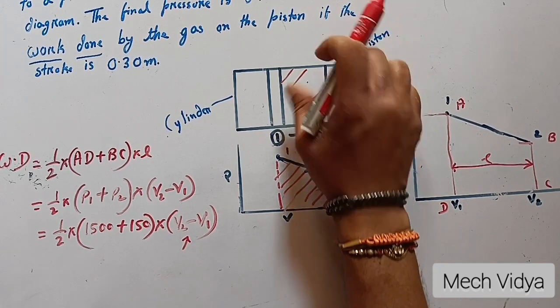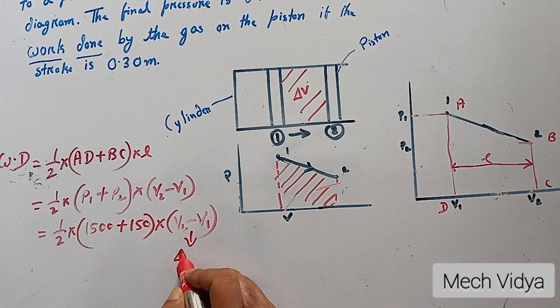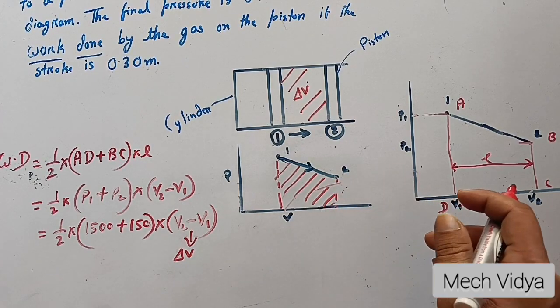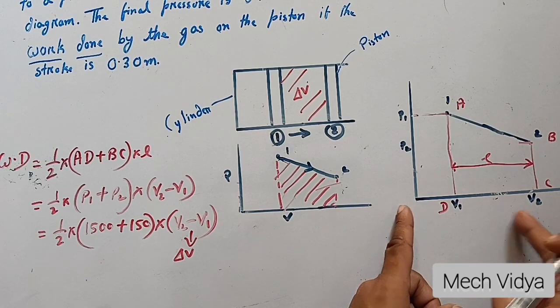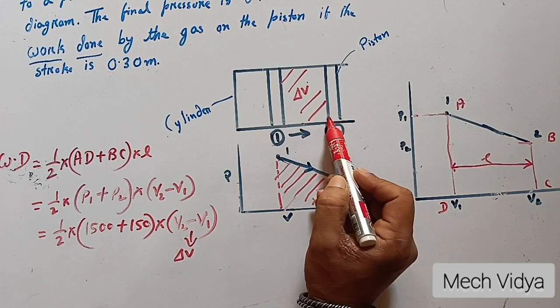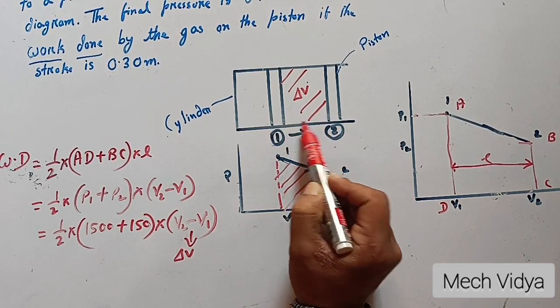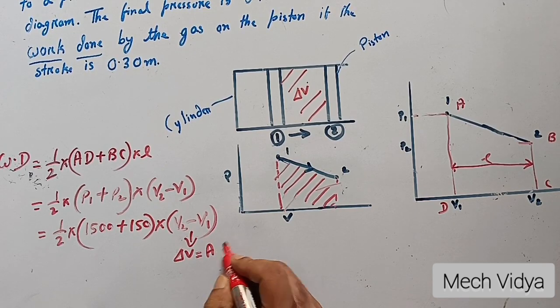That is how much the piston has actually traveled during expansion from state 1 to state 2, what volume the piston has traveled. From the PV diagram, if I show you the same thing, V2 minus V1, this portion, from 1 to 2, how much the piston has actually traveled, this is delta V.